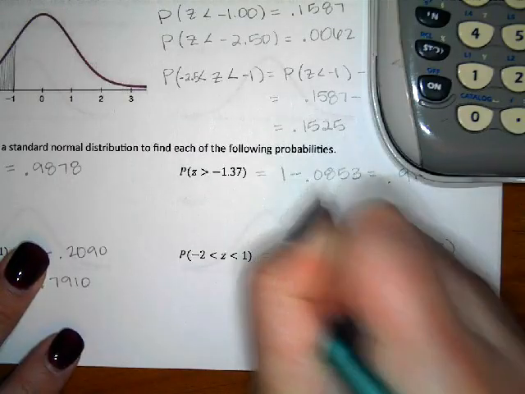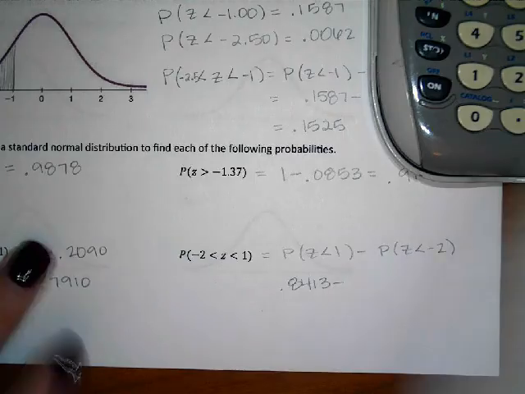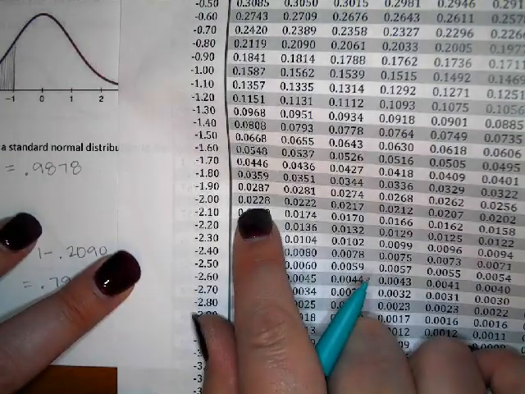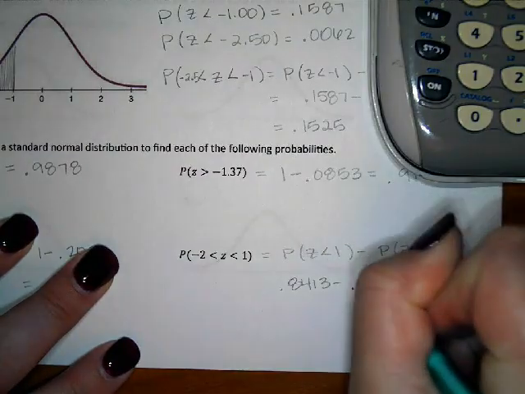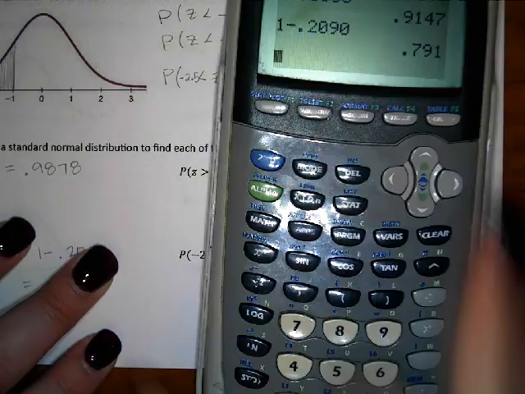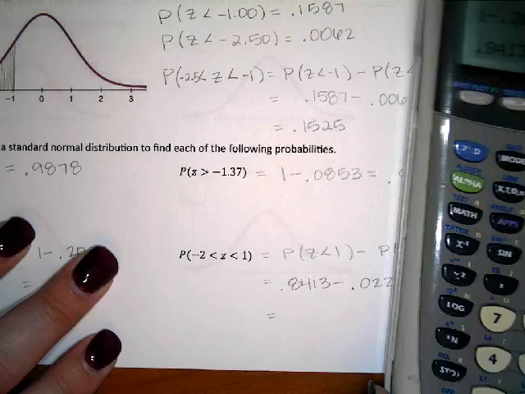And then negative 2, 0.0228. So the answer is 0.8185.